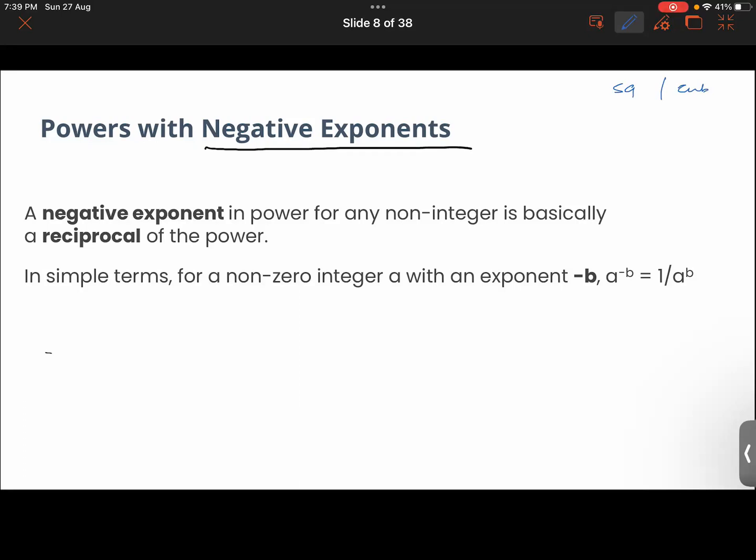So there you were dealing with the power of 2 and power of 3. Those were positive exponents which we were dealing with. You will be dealing with negative exponents also in this chapter.